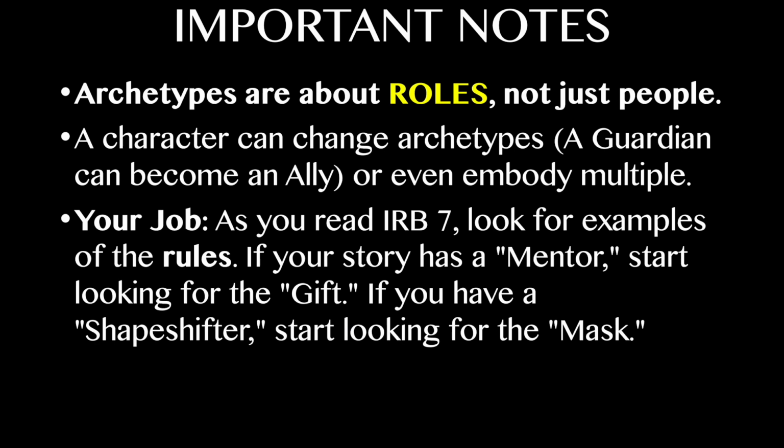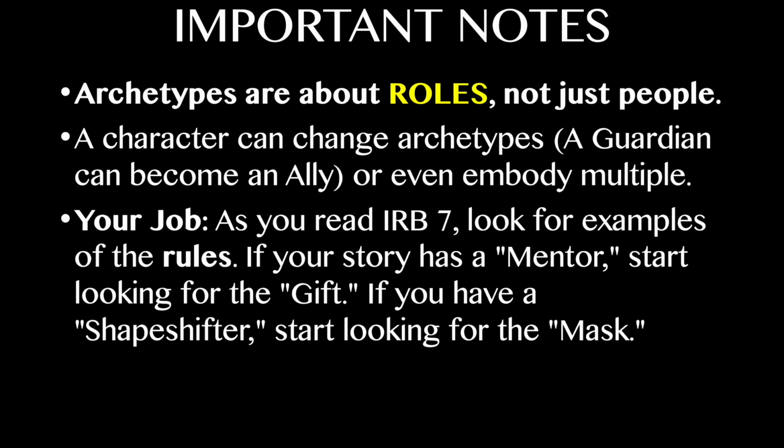So keep this in mind. It's about roles. It's not just about who you are, what people there are, right? Characters can change archetypes. They can embody multiple as a mentor / ally, as a hero even / ally. If there's more than one hero, Luke, Han, I don't know. So as you read, you look for the rules. Don't skip right to the archetype part, but say which archetype rules are they following.